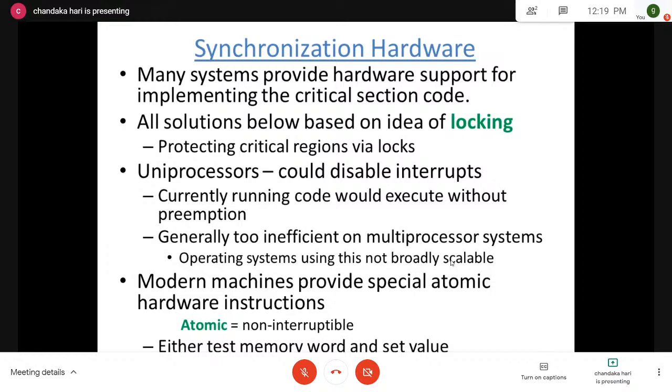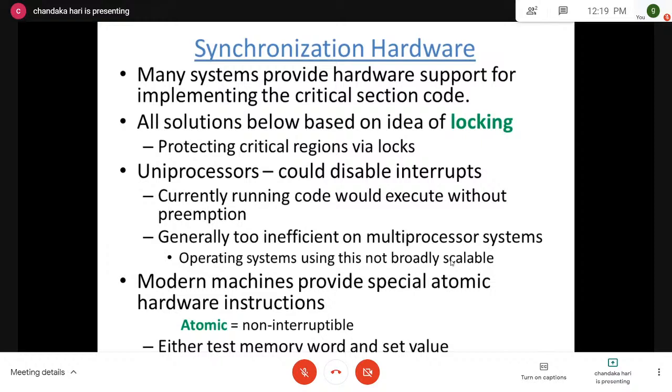Already I told you about the maskable and non-maskable classification of interrupts. A maskable interrupt can be ignored by the processor and does not cause any problem to the CPU. While executing one process in the critical section, you can simply mask or disable the interrupt.